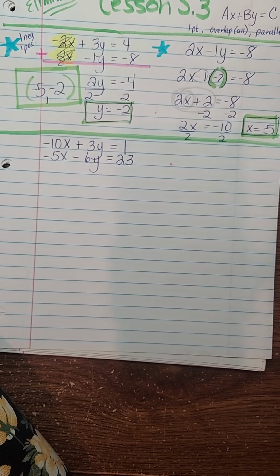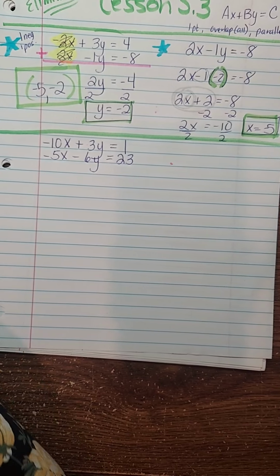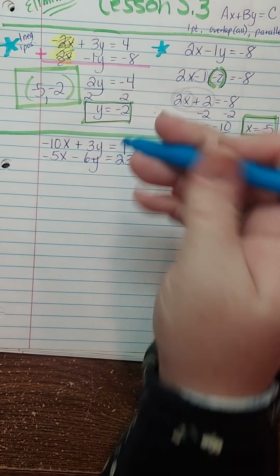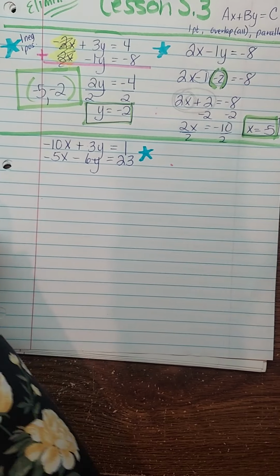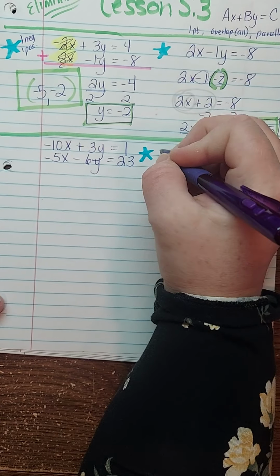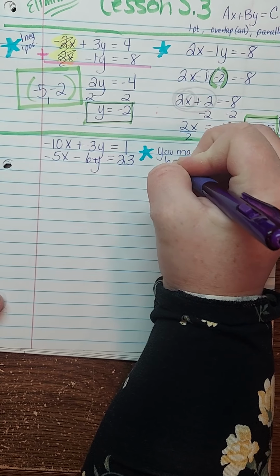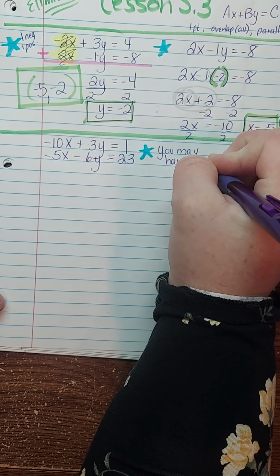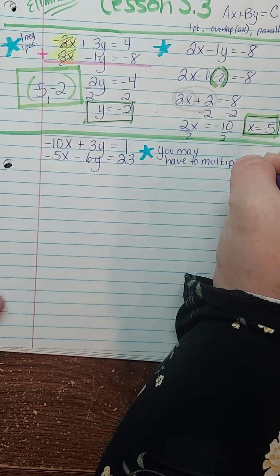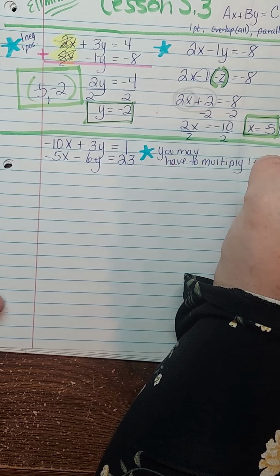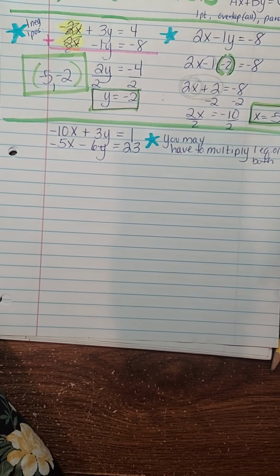If I add these together, nobody's eliminated. Oh, okay. Well, this is where we have another step. You may have to multiply one equation or both to get them to cancel out.